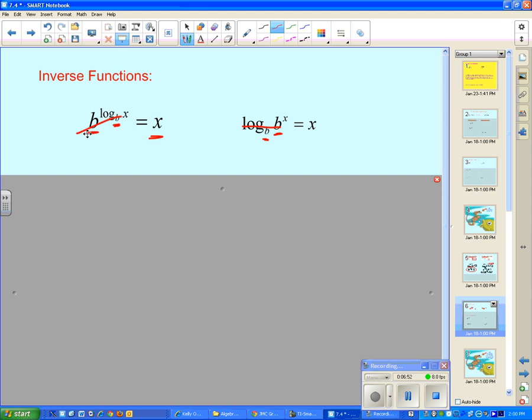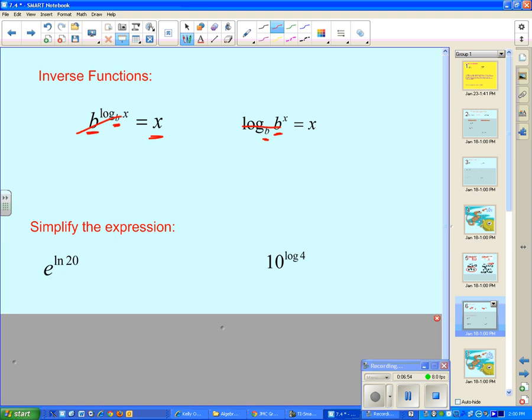Okay, so let's look at a couple examples. For both of these, I don't see a base at all. So I don't know. Do they cancel or not? I'm not sure. Well, we just talked about ln, right? How else could I write ln? Log base e, right?